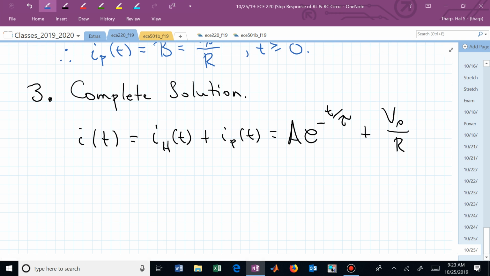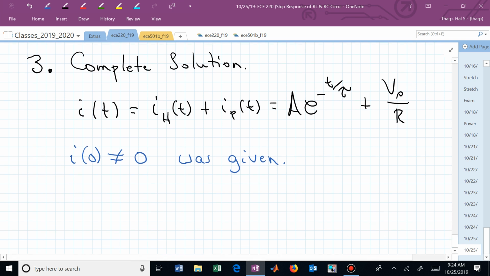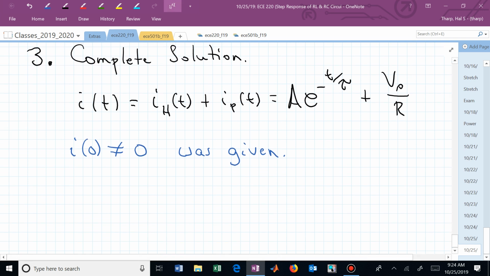And we know that we had a non-zero value for the current flowing through that inductor. This was given. We can now use that initial condition to find the only remaining unknown in that expression, which is capital A. Let's now then do that.